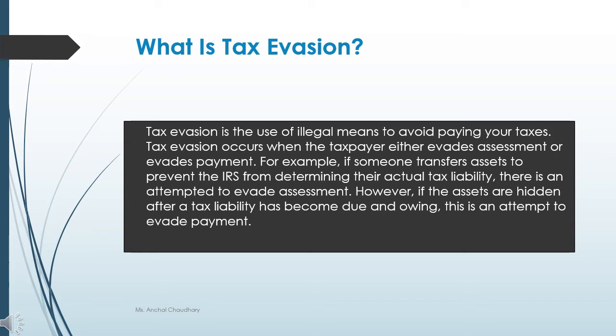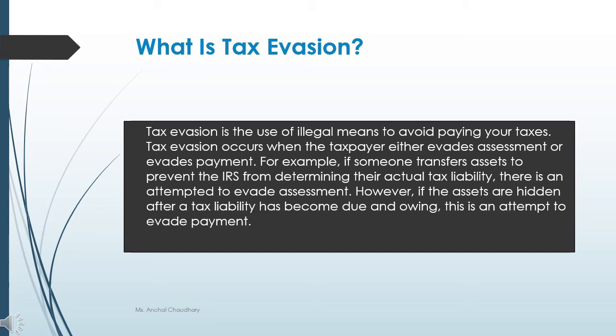What is tax evasion? It is the use of illegal means to avoid paying your taxes. Tax evasion occurs when the taxpayer either evades assessment or evades payment. For example, if someone transfers assets to prevent the IRS from determining their actual tax liability, there is an attempt to evade tax assessment.